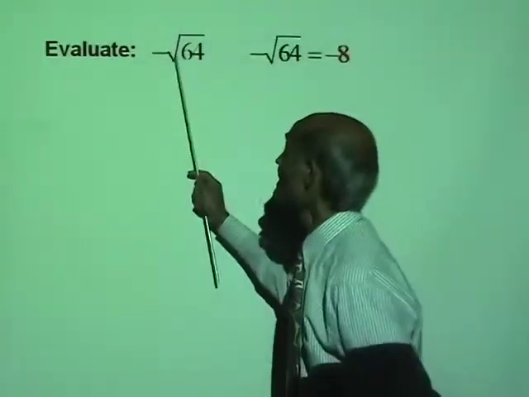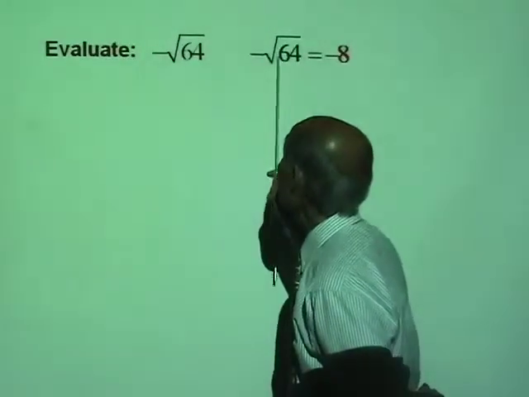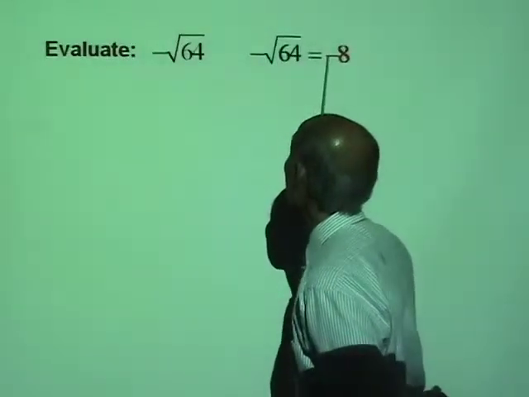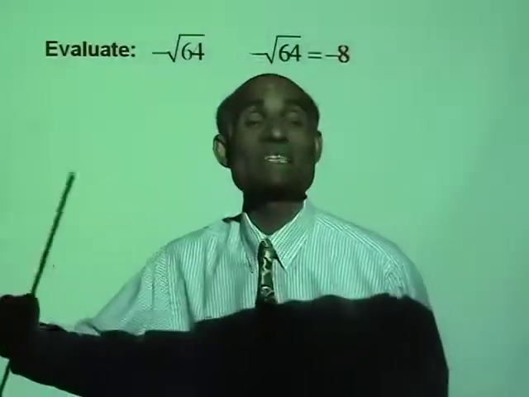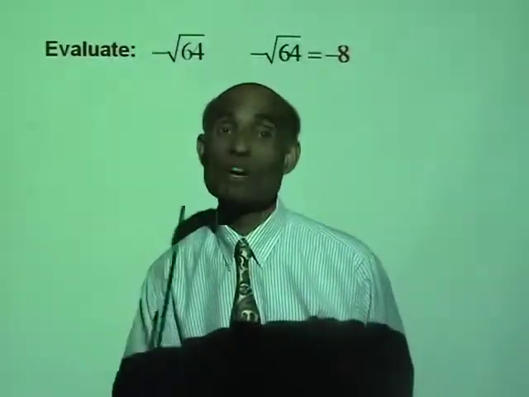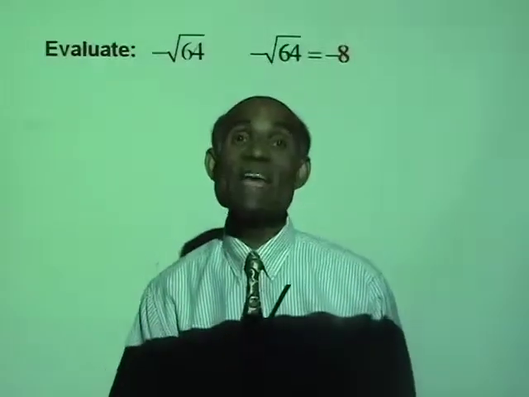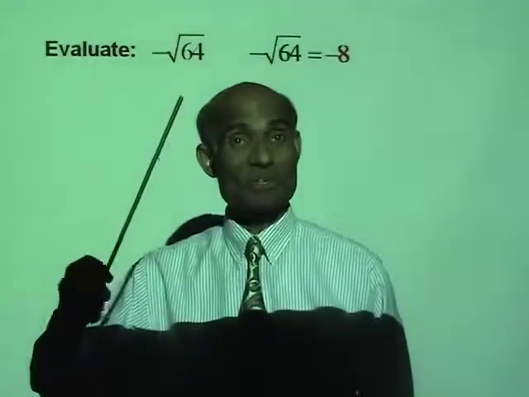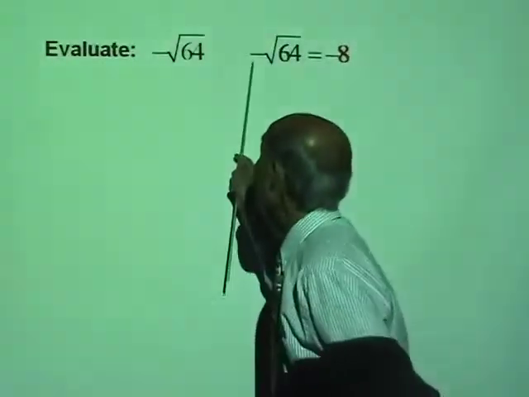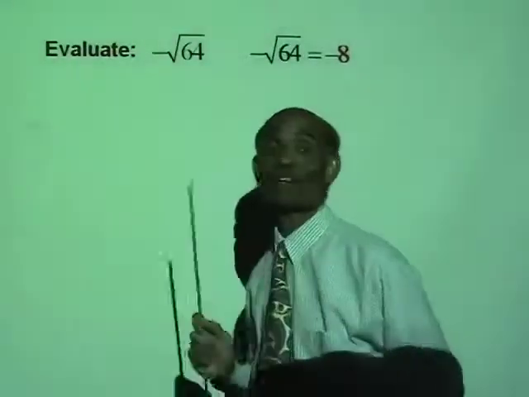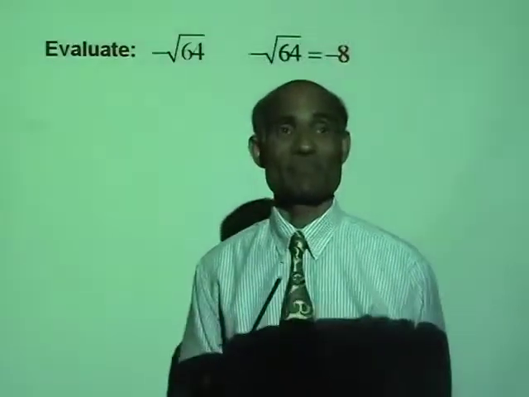Well, negative square root 64 is negative 8. Square root 64 is 8. Why? Because 64 is 8 to the power of 2. Square root 64 is 8. Negative square root 64 is negative 8.